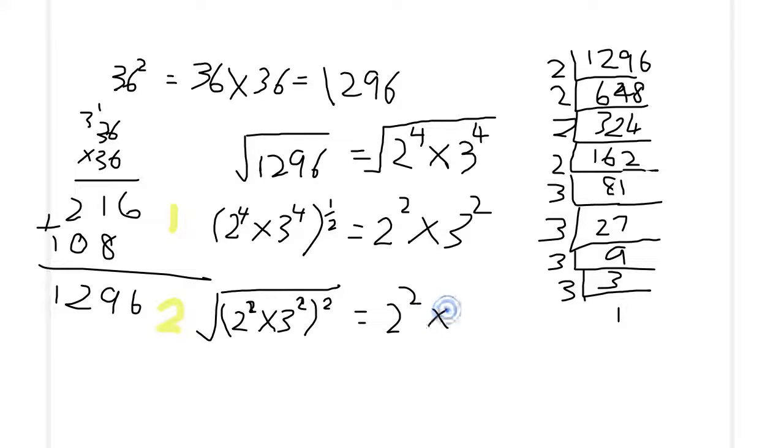So let me explain why this works. When you square a number, let's say 3 squared, and you square root this number, 3 squared is 9, and when you square root 9, you get back this number.